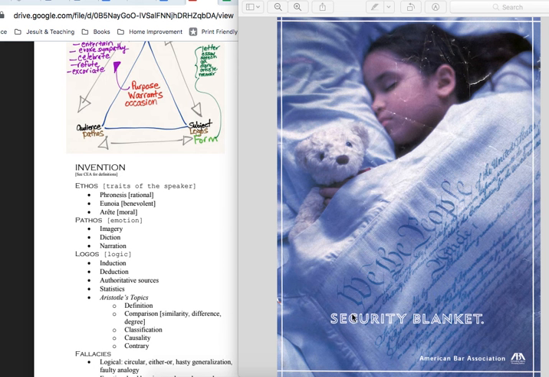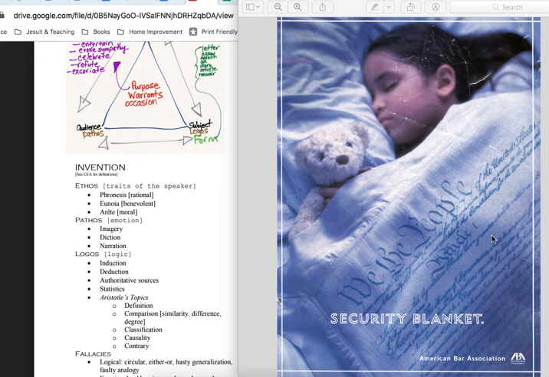Rationality. This is a security blanket. So there is some cause and effect. This is a blanket that has "We the People." This is the Declaration of Independence, and that provides safety. So the rationality of that document, its cause and effect, is to produce a sense of security here.